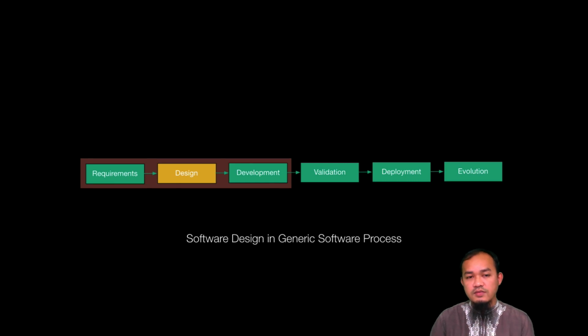After we get that diagram, we pass it to the design, to design the system in terms of high level or low level, and we will discuss this later. After we design, we pass the artifact or product of the design to development. This is the step of software design that relates to requirement and development or implementation.